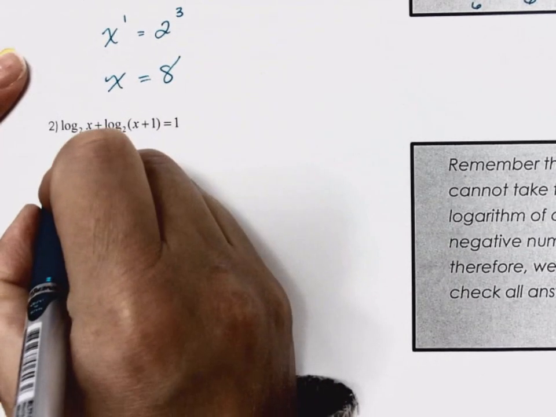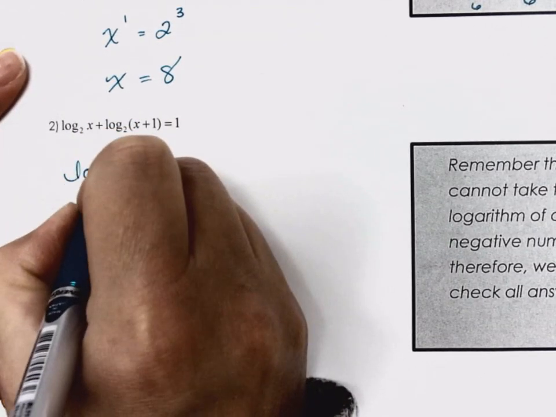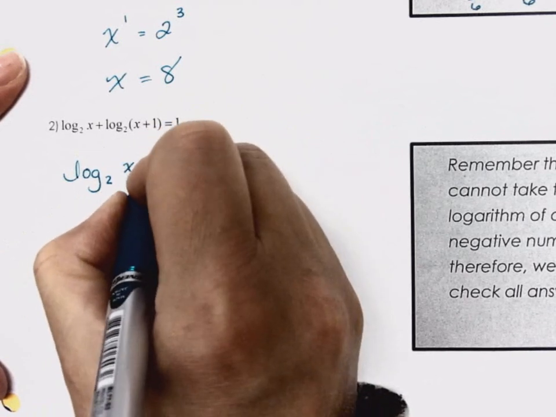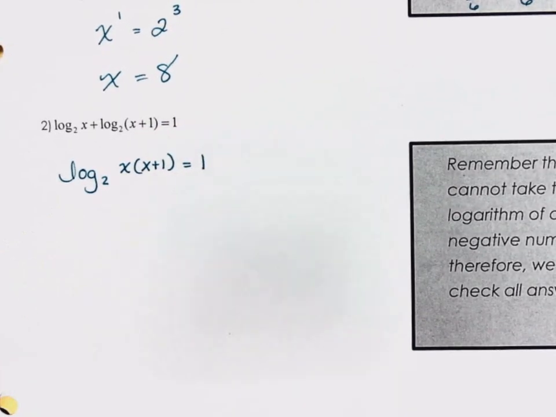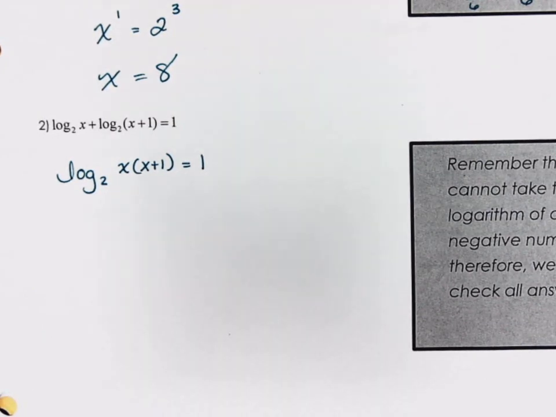So writing as a single log, this will be log base 2 of x times x plus 1 equals 1. So you have to get it to a single log before you change it into exponential form. You can't change 2 logs into 1 exponential form. It doesn't work.